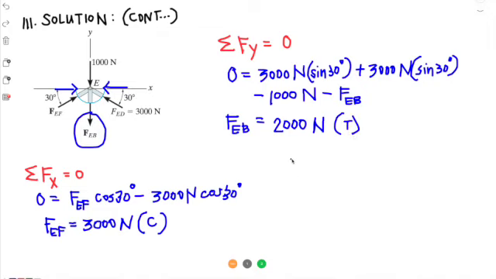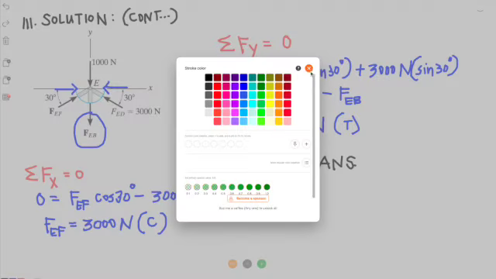So for step 4, let's write it down. The solution, the answer is FEB. Now we have solved the problem.